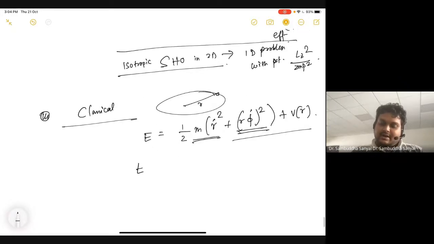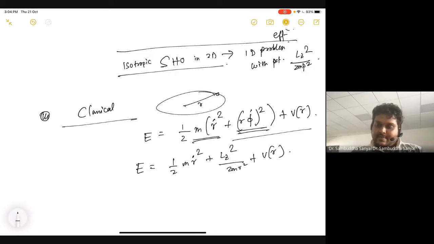Let's say some central force type potential. So I can write this whole thing as half m r dot square plus Lz square over twice m r square plus V r, where Lz is m r square phi dot. Phi is basically some angle it makes with some reference.